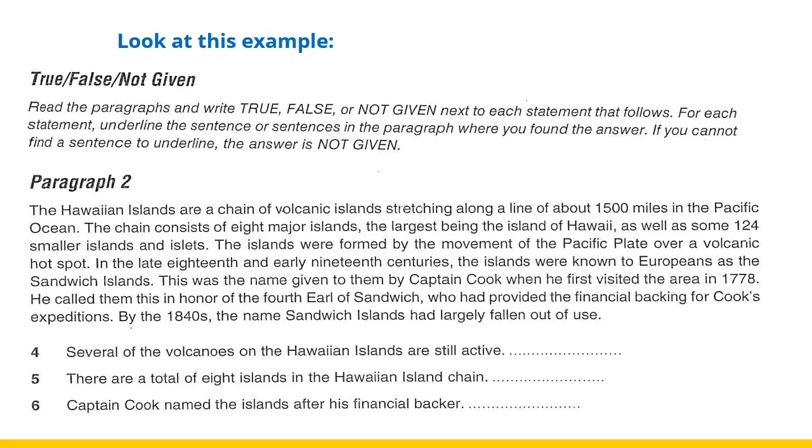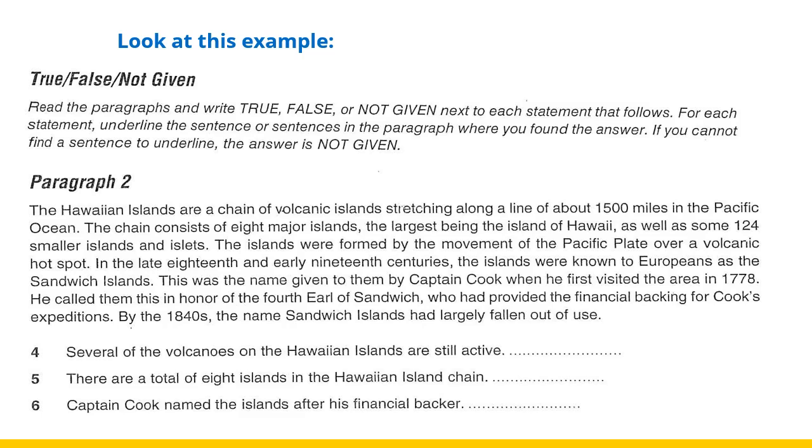Next one I have is number 5. Number 5 states the following. There are a total of 8 islands in the Hawaiian island chain. In this case, it states a total of 8 islands, and I found that information in the second sentence, so I'm starting to read. The chain consists of 8 major islands, the largest being the island of Hawaii, as well as some 120 smaller islands and islets.